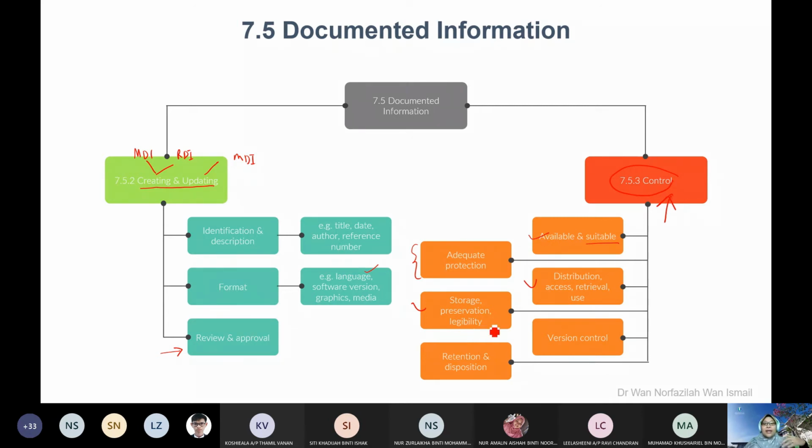Preservation, legibility, version control. Version control, for example, ISO 9001 standard. We have version 2008 and 2015. How do you control that version so that the new person in charge does not use the outdated version?